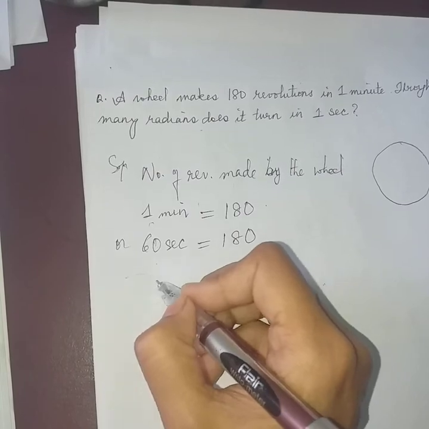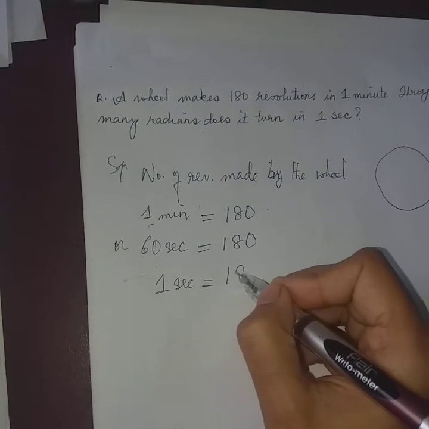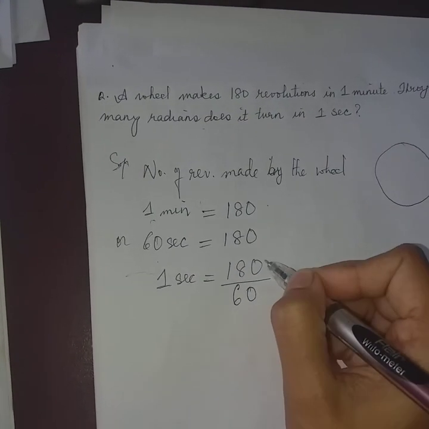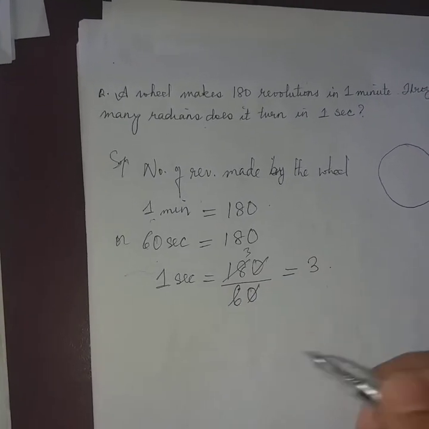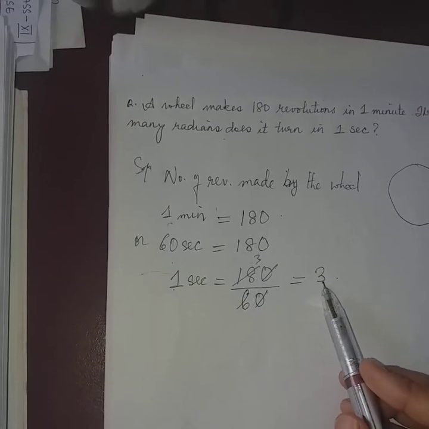So from here, in 1 second the number of revolutions made will be, using the unitary method, 180 by 60. If we cancel this, 6 into 3, so this is 3. That means in 1 second, 3 revolutions are made.